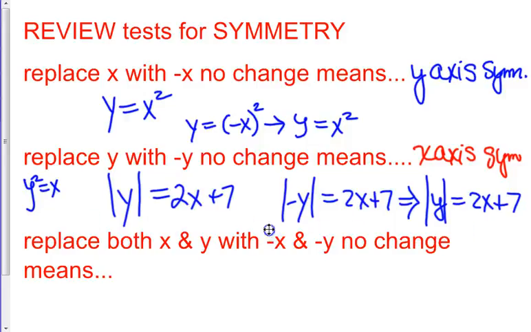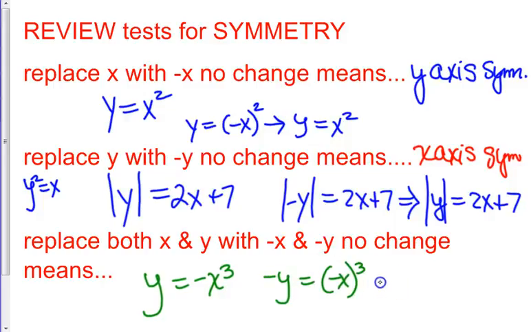All right, and the final one, if you replace both x and y, so you had an equation like this. If you replaced them both, you would get negative y equals negative x cubed. Sorry, there was a negative out here too. So this would become positive. Oh, I'm making a mess of this. I'll explain this better.